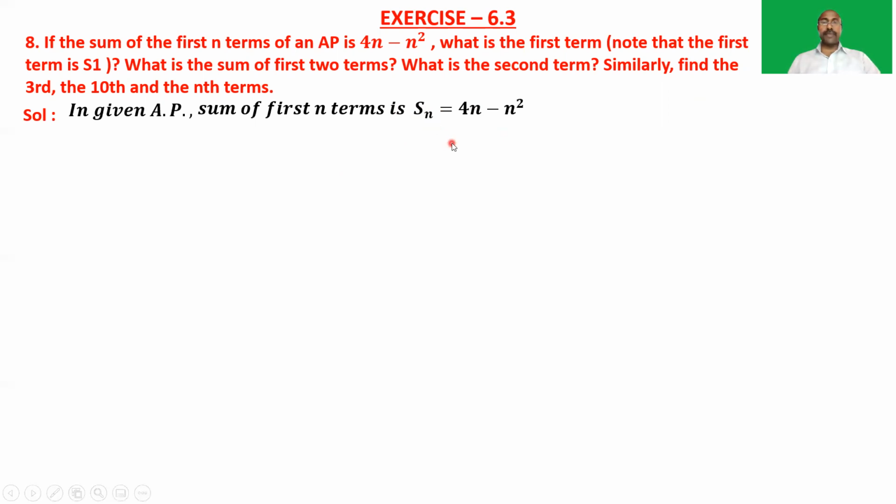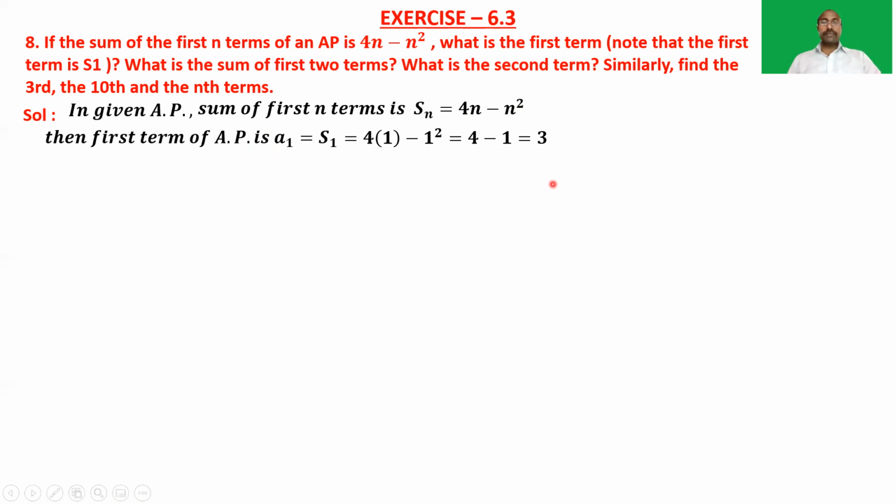Now the first term of the AP, A1, is equal to the sum of the first one term, that is S1. By substituting 1 in this Sn, we get S1. That is 4 into 1 minus 1 square, that is 4 minus 1, which is equal to 3. So the first term of the given AP is A1 is equal to 3.